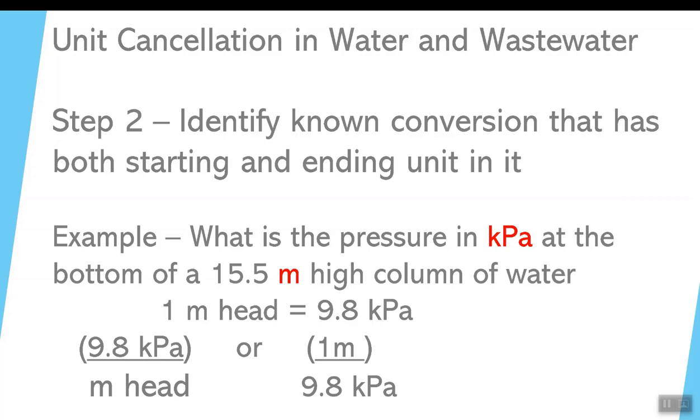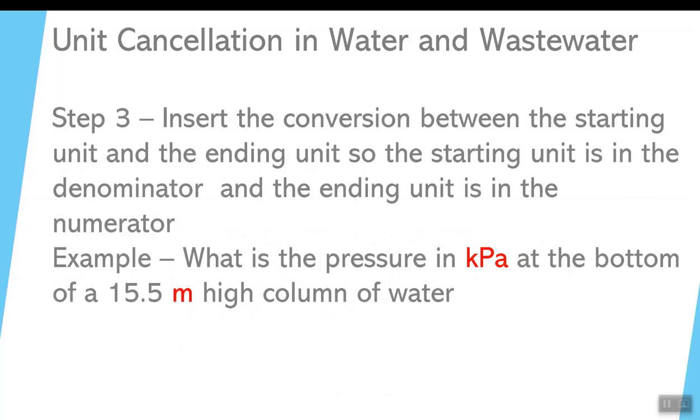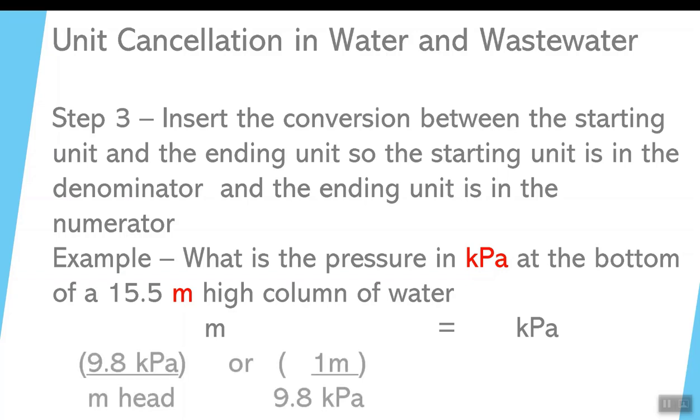Which one of these are we going to use? That becomes the question. So once again we've established our starting unit, our ending unit, and the conversion, now we put the conversion into the formula so that it will be able to help us get the solution. So first of all, we know our starting unit is meters. We know our ending unit is kilopascals, and there's going to be something in the middle. Now, which one of these two do we use?